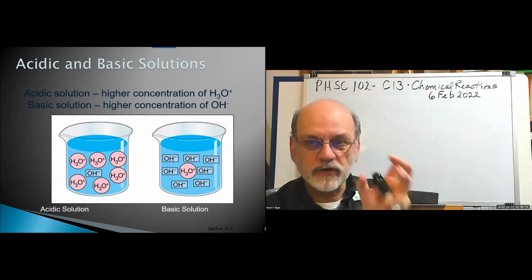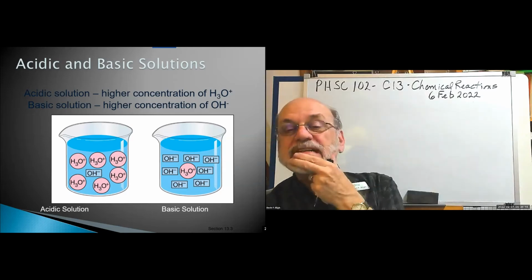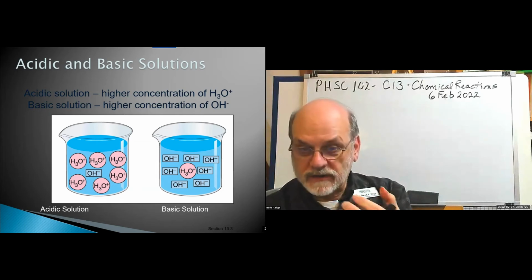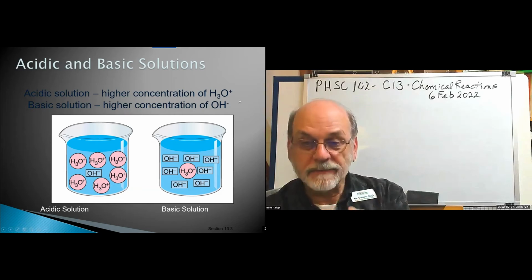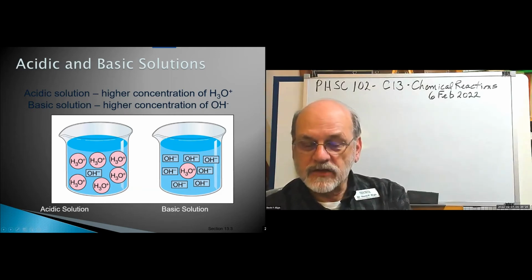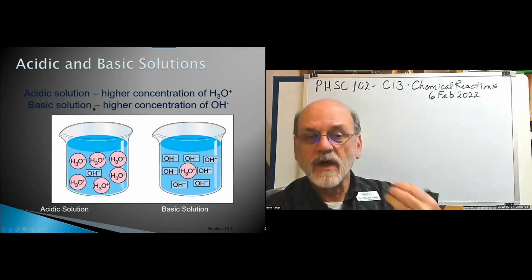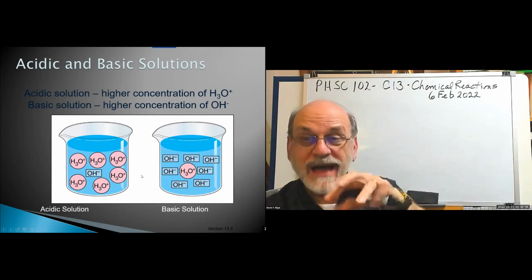So that's what's called neutral. It's only when we add extra of one or the other, either hydrogen ions in the form of hydronium or hydroxyls, that you get an imbalance and you produce either an acidic solution or a basic solution. It's the balance.